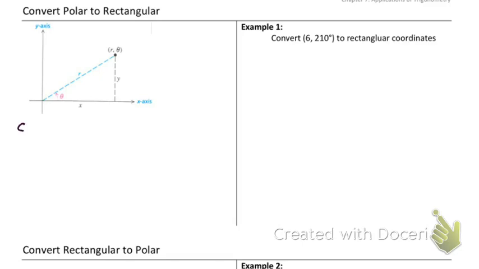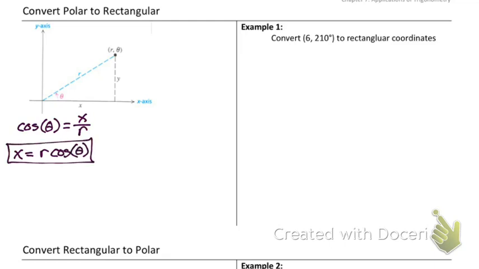So if we have cosine of theta, cosine is adjacent over hypotenuse. That would be x over r. And so we'd have x equals r times cosine of theta. This is the third time we've had that exact same formula. It was the same thing for vectors for component form, and for complex numbers.